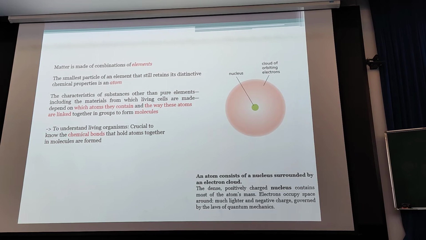So here is a simpler graph of these atoms. An atom consists of a nucleus in the center, and surrounding it we have the electron cloud.